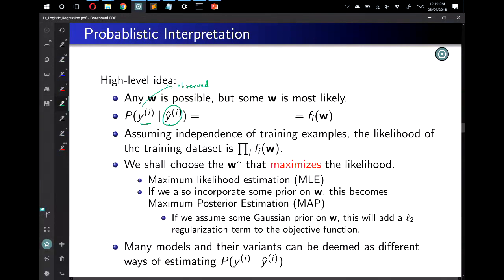So basically, we need to put some kind of probability estimate. Think of this as the real value, if it really exists, for the i-th data point. We need a formula to say, given that my real value is, let's say, 10, what's the probability that you are going to see a value which is 12?